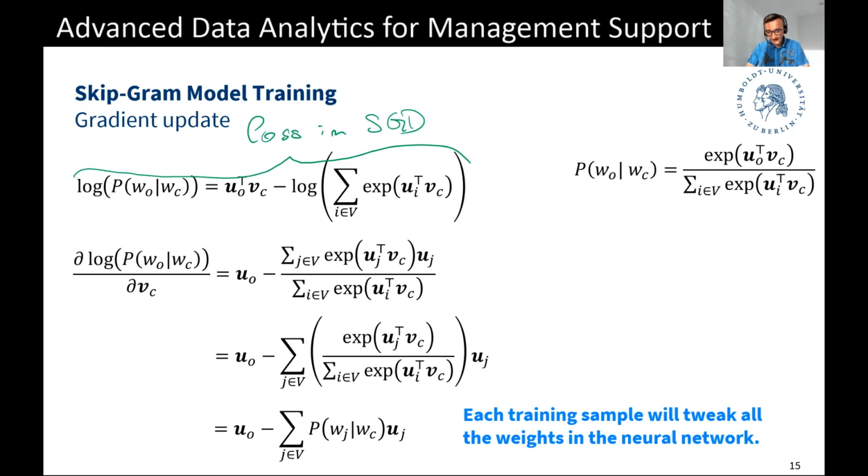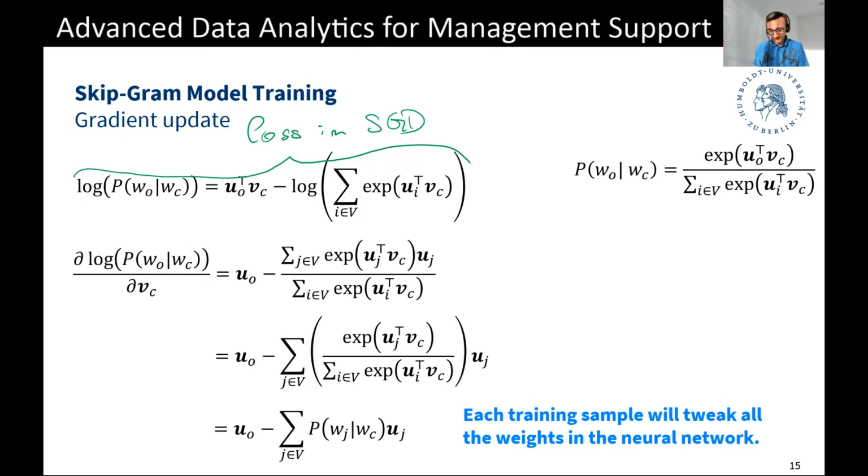Then we need the inner derivative. The derivative of e to the x is e to the x, and the next derivative that we need is that of the dot product, and that is u_j, the embedding vector of the context word, and therefore it applies to the numerator as well.